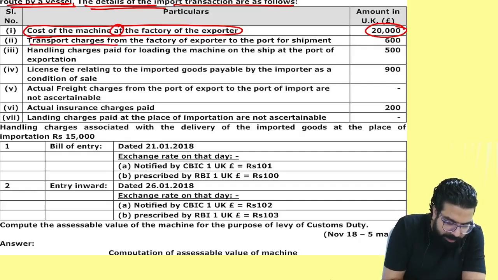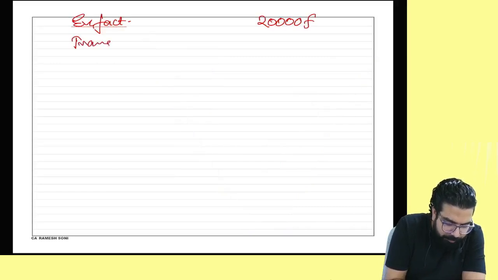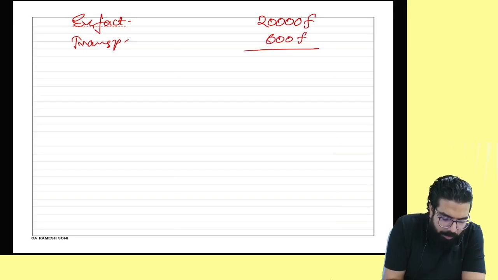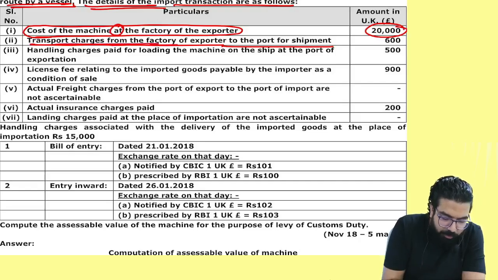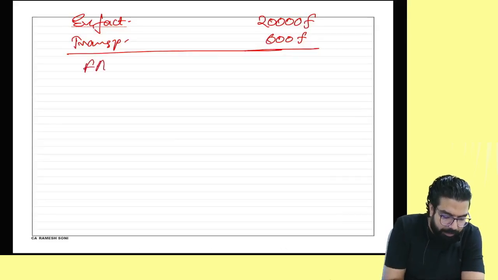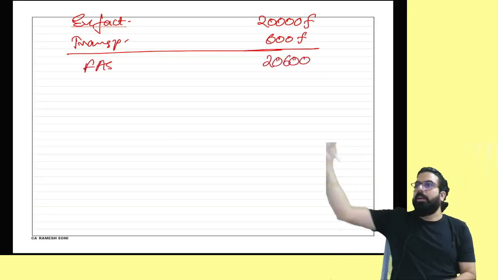Take it. Transportation from the factory to the port of shipment. People, transportation. 600 pound. Can you tell me what will you arrive at? This is transportation charges from the factory to the port. FAS. Do you guys agree with me? How much will arrive? 2,600. Do you guys agree with me?